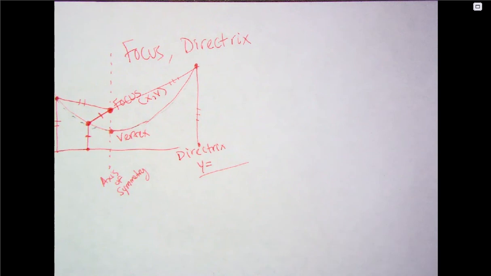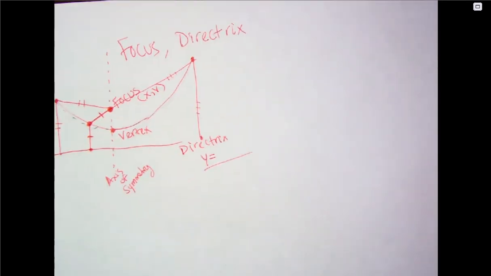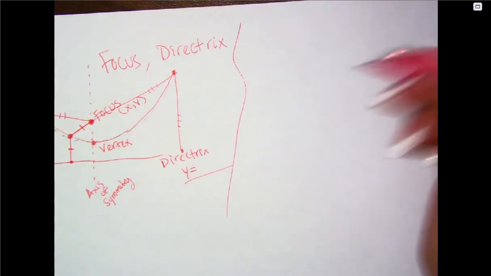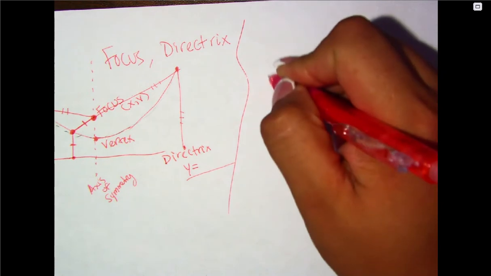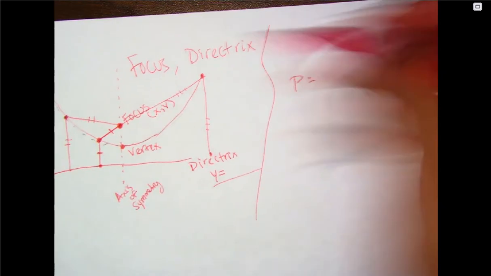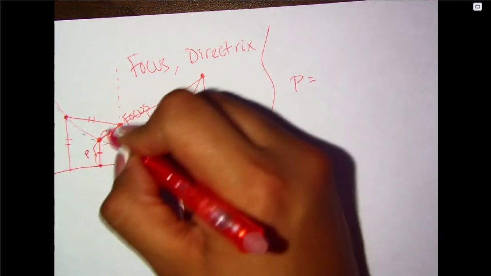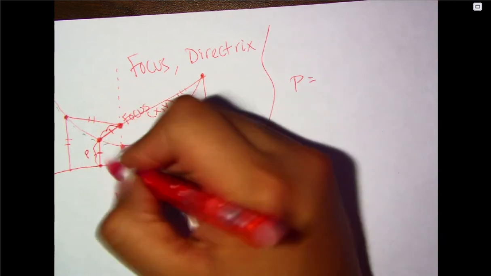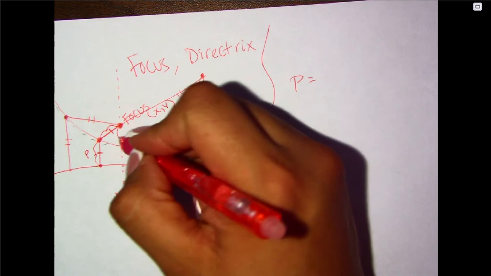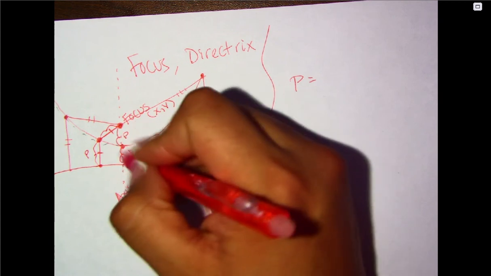An example to study that relationship is doing examples that are like puzzles, where they give you one or two things, and then you need to find the others. I forgot to mention what the p-value was. The p-value is the distance right here from the focus to the vertex, and also from the vertex to the directrix.